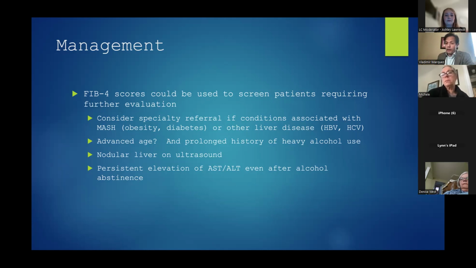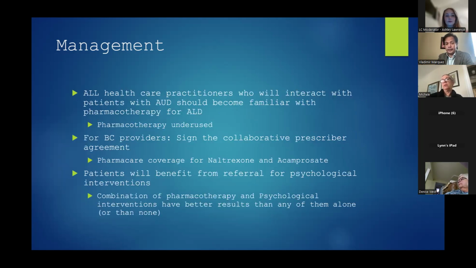People of an advanced age who are at higher risk of having developed scarring over time, or if we have any features that the liver is sick on ultrasound, or even in the blood work that is not getting better even after stopping the alcohol.